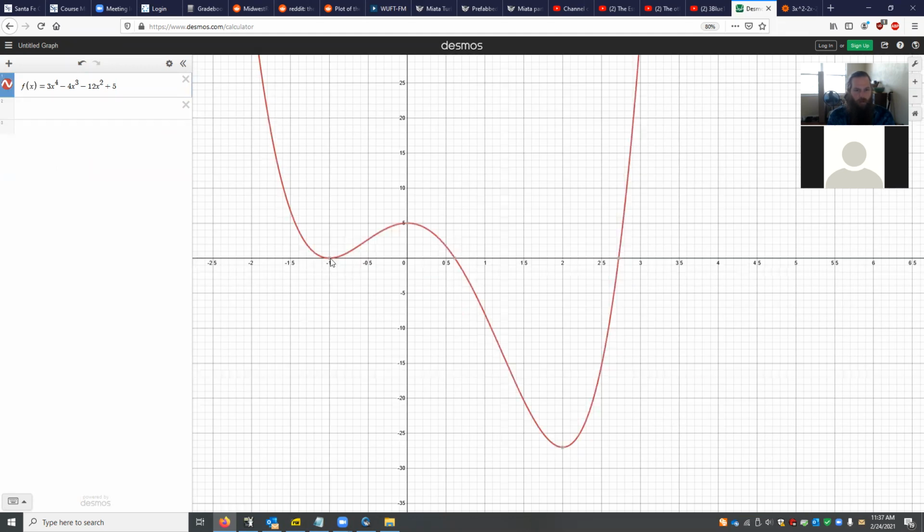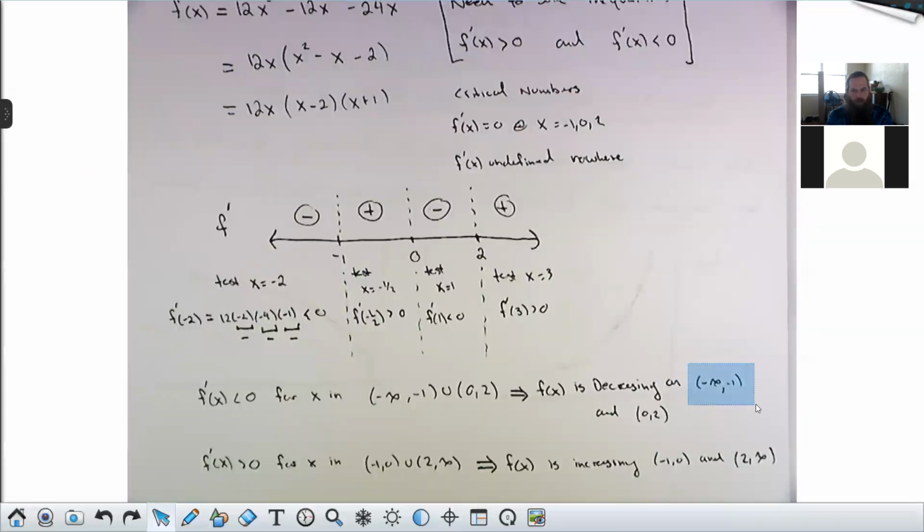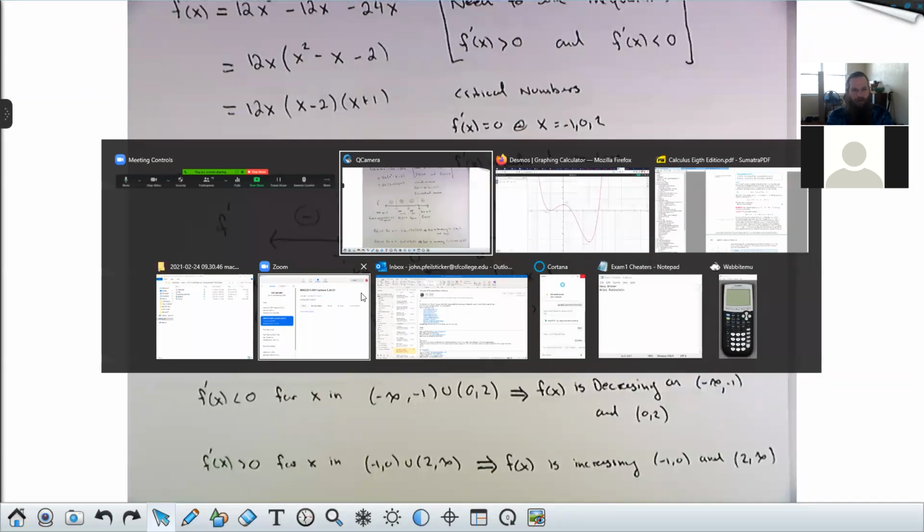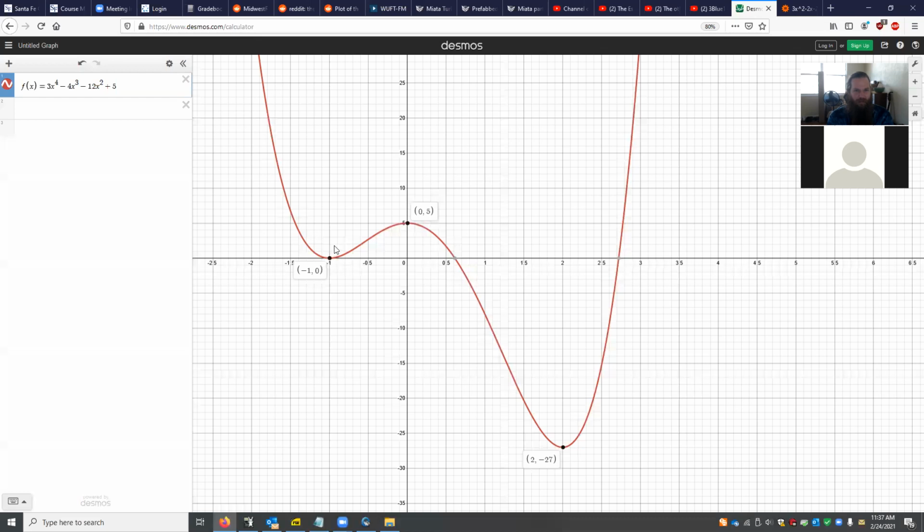Now, at -1, we are neither increasing nor decreasing, right? I wouldn't want to use a closed bracket here on the -1 because I wouldn't want to say we are actually decreasing there, because we're not. I'm decreasing everywhere over here, but at this point, I am turning around.